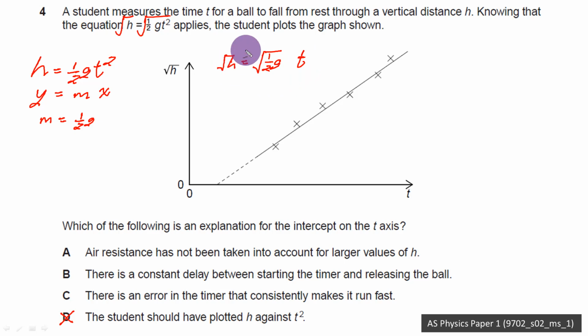Again, here we can plot the square root of h on the y-axis, t on the x-axis, and m will be the gradient. In this case, the gradient will be the square root of a half g, or the square root of g over 2. So this graph is correct according to this equation.